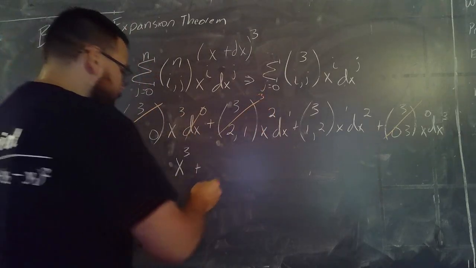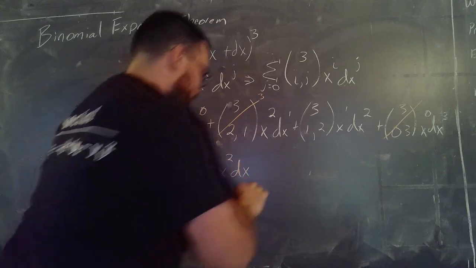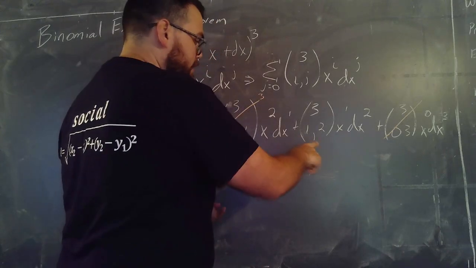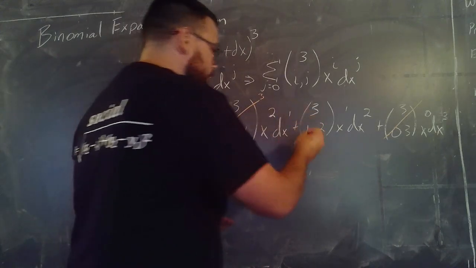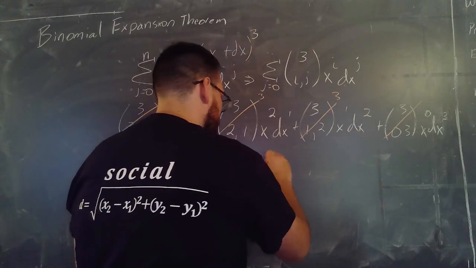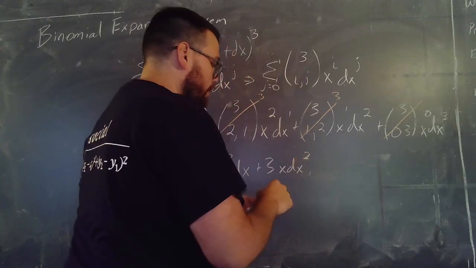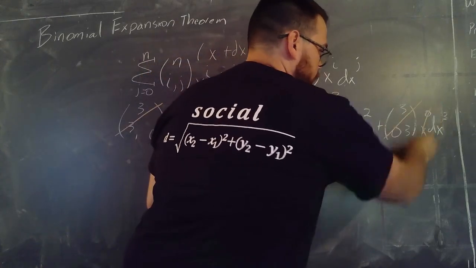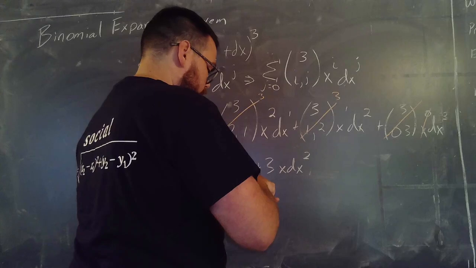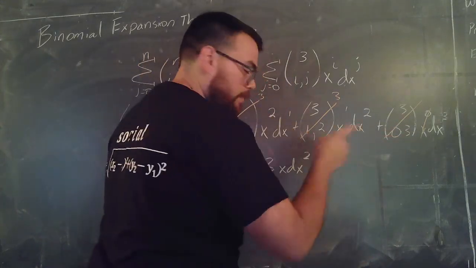Hopefully you can see that. Again, this one right here is symmetrical to this one, so it's also going to give us a 3. And then anything to the 0th power is 1. And that's a 1 because it's symmetrical.